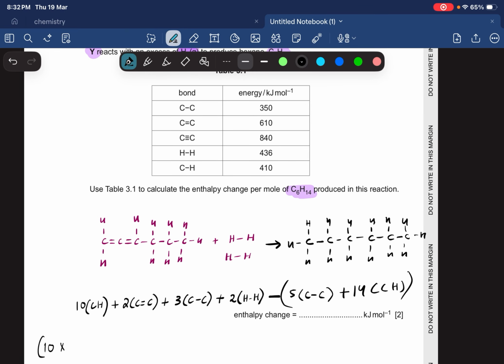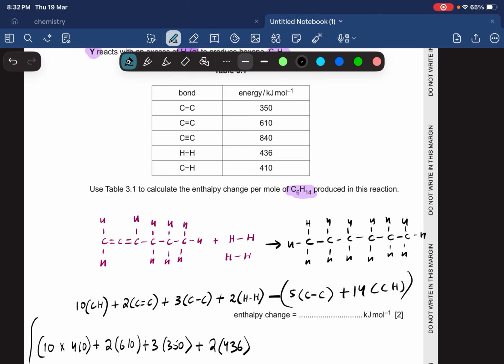10 times CH bonds: 10 times 410 plus 2 times 610 plus 3 times 350 plus 2 times 436.